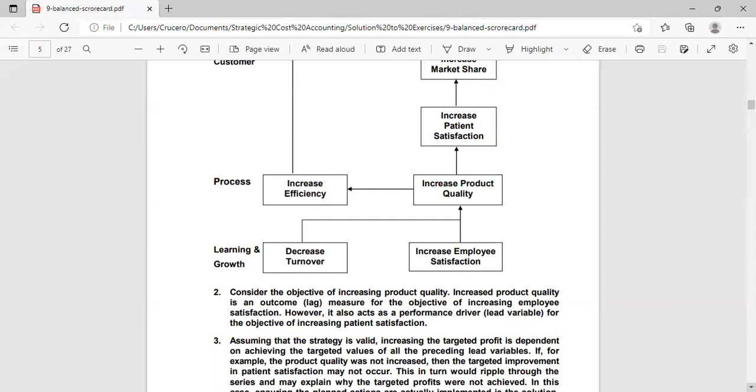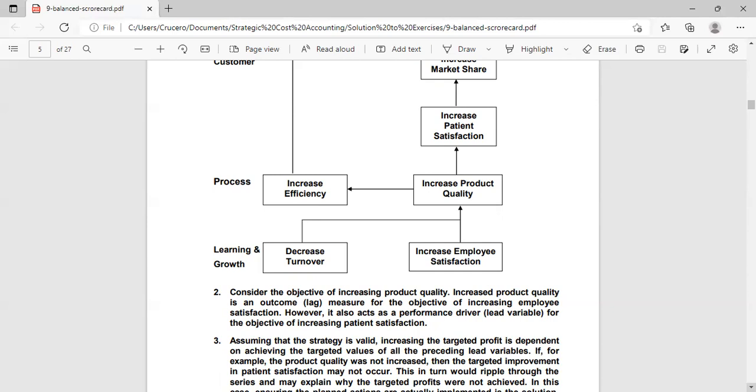However, it also acts as a performance driver, so a lead variable, for the objective of increasing patient satisfaction.